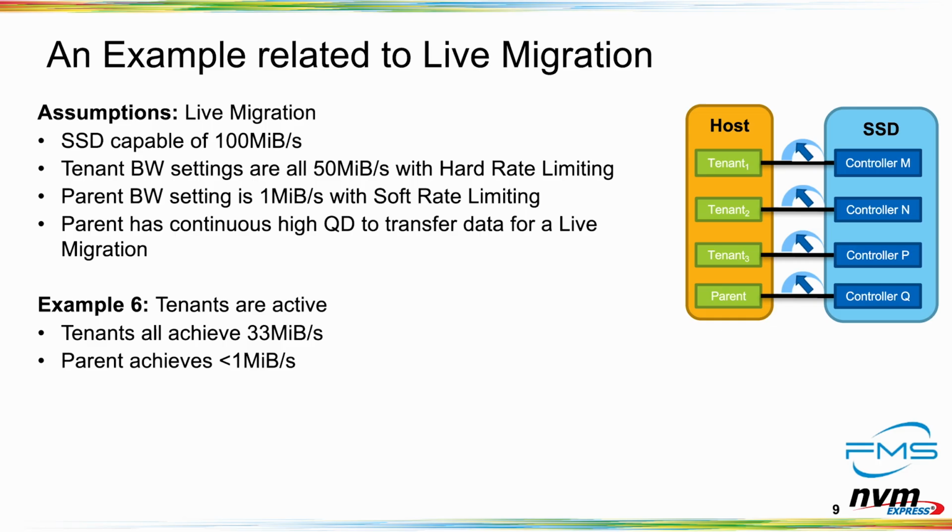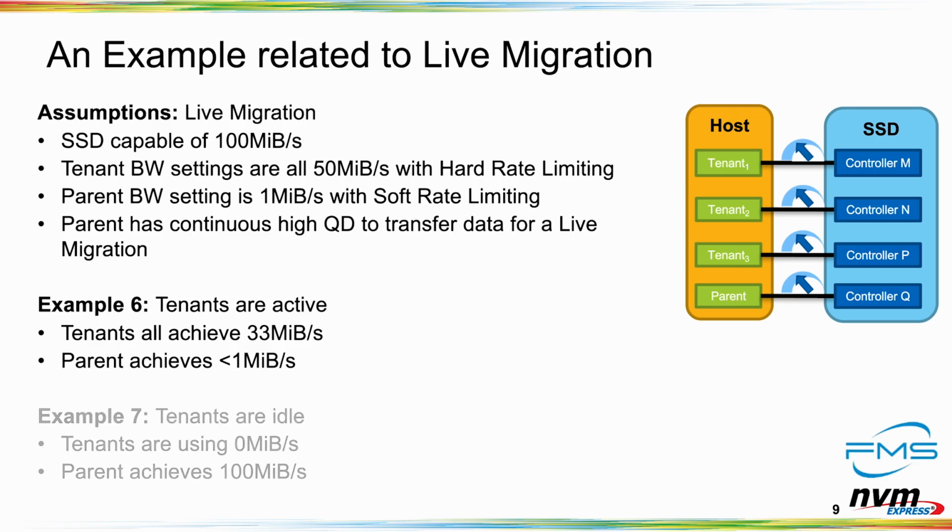So less than 1 megabyte per second, it's going to get throttled down. It's not successfully getting very much through that system in this extreme example. But when the tenants are all idle, that same parent will be allowed to consume the entire drive, right?